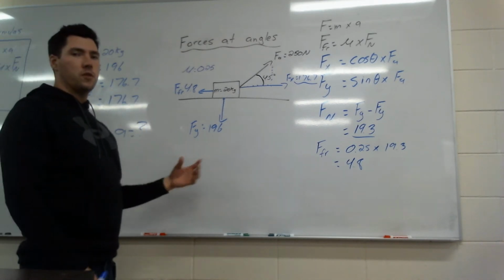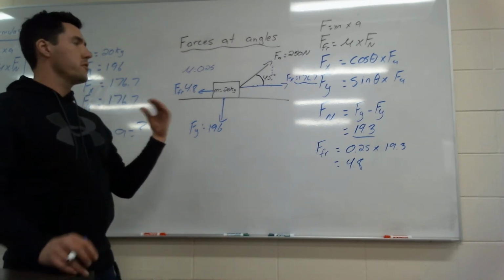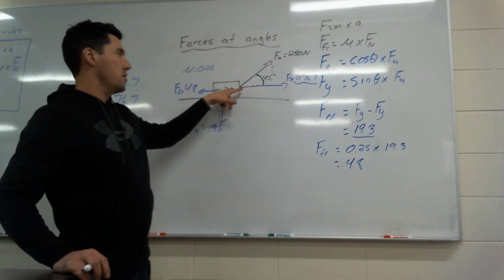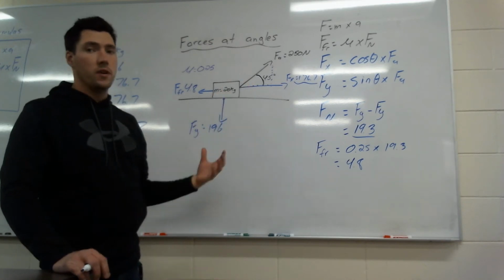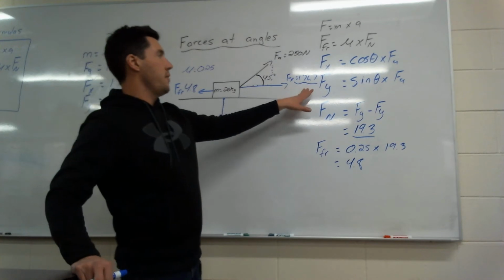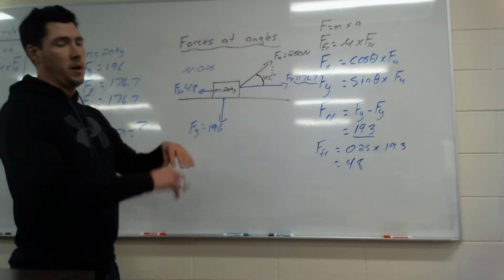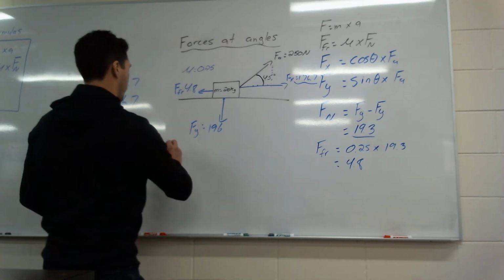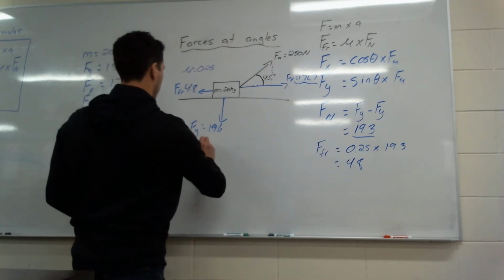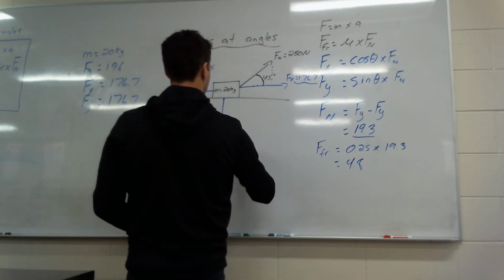What is our net force here? Basically, is friction winning, or is the force applied in this direction, because that's the direction it's actually moving? Which one's winning? Well, we have 176.7 newtons in the Fx, and only 4.8, so obviously the Fx is winning by quite a lot. So the net force is going to equal Fx minus force of friction.